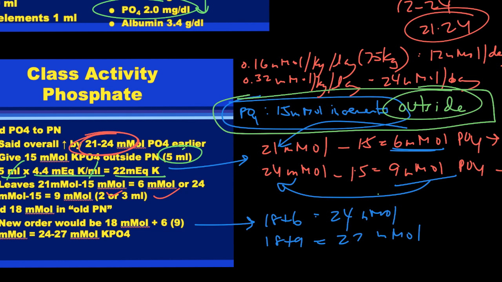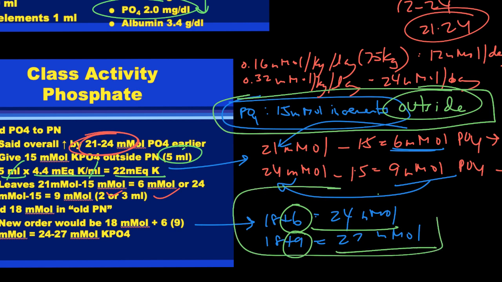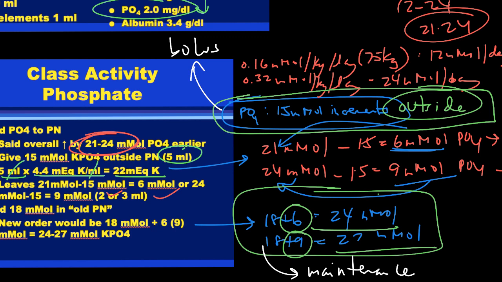Now, to maintain that normal phosphate level, you're going to have to supply it inside the TPN. So you're going to supply 6 more in the TPN, or 9 more in the TPN. That'll give you phosphate of 24 millimoles or 27 millimoles. Think of it like your bolus dose. This is your bolus dose to get him corrected. Now this is your maintenance dose to get him in a steady plasma state of phosphate.